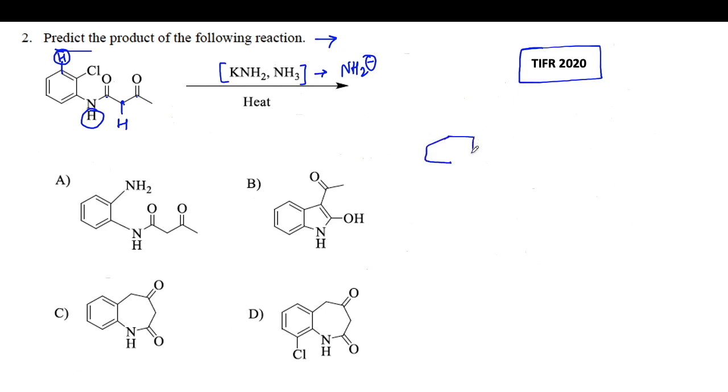So the overall molecule after the proton removal is going to be like this. This is a CH3 over here, okay? So this is your overall molecule which will be after the proton removal. Now let me also arrange it in a proper manner.